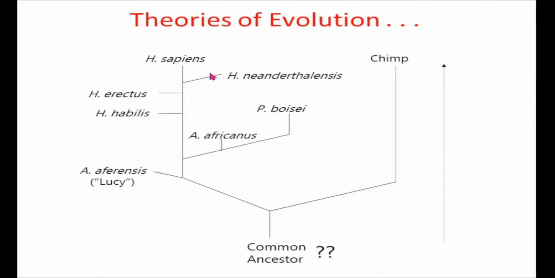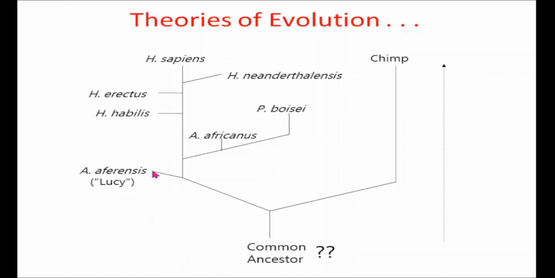Here is a common ancestor. It is not simple to tell what the common ancestor is; it is unknown. As time increases, here are different organisms. Consider there are a lot of organisms here, but take human beings and the chimps or apes. Here is a common ancestor, then the lion goes in this direction, and human development goes in this direction.